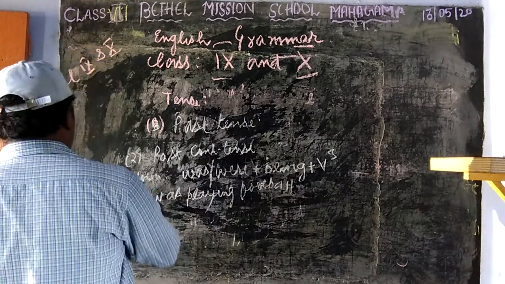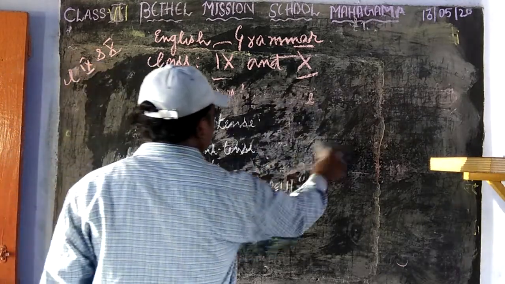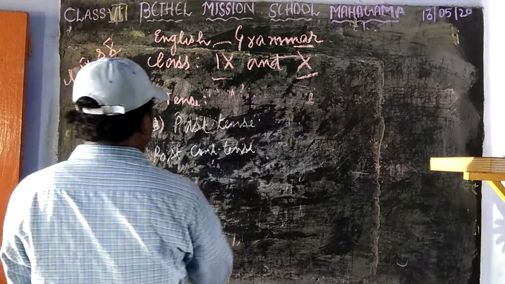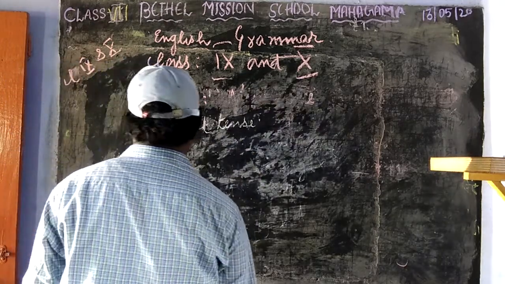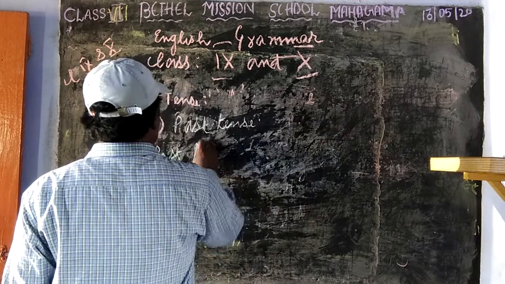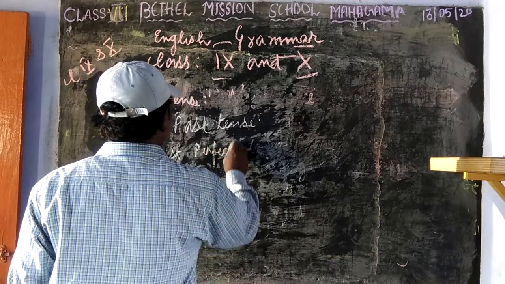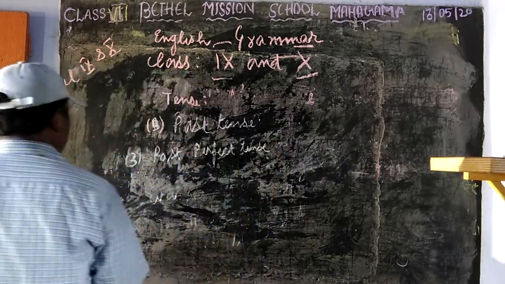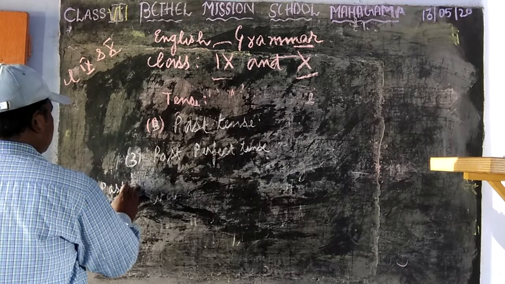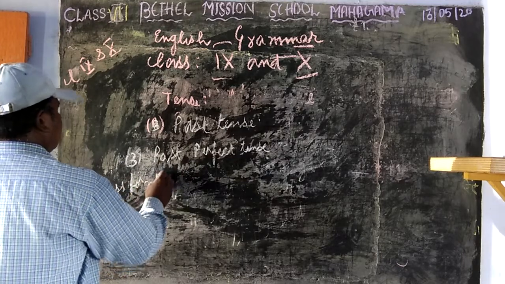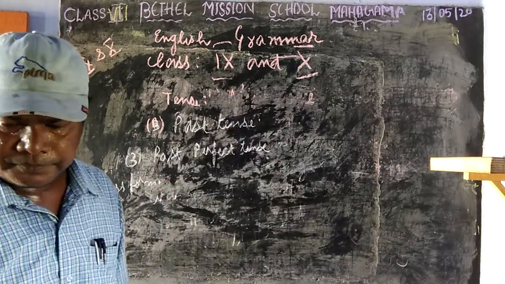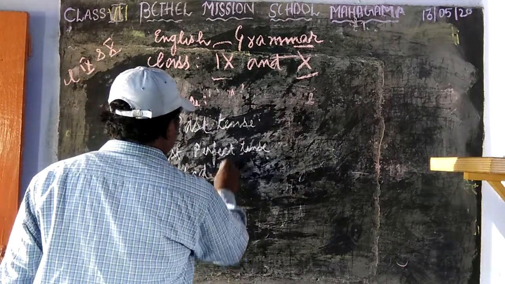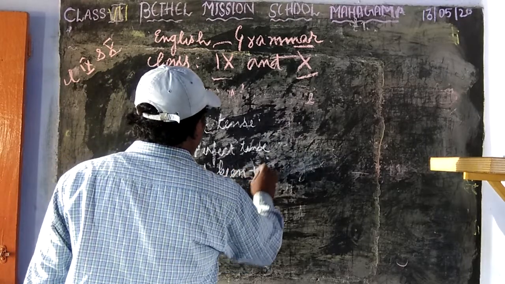Now next is past perfect tense. Passive form is had been plus V3.